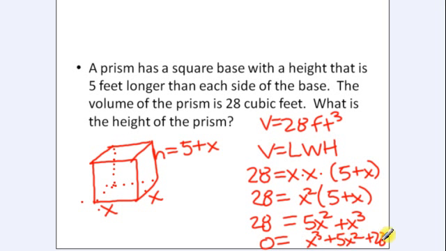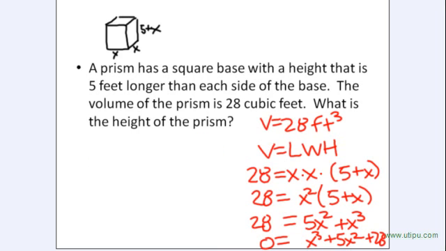Now to solve this, I want to find the zeros of the function. And if I start with looking at the possible rational zeros, so we can look at p over q. So I can at least use the rational zero test to narrow down my options.